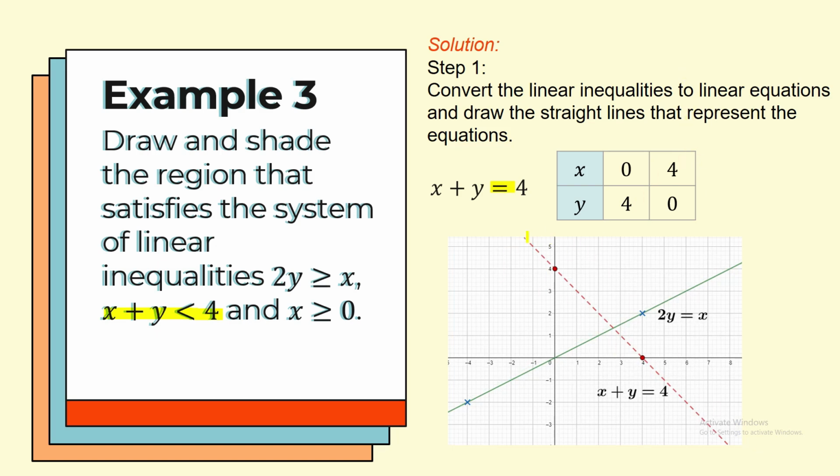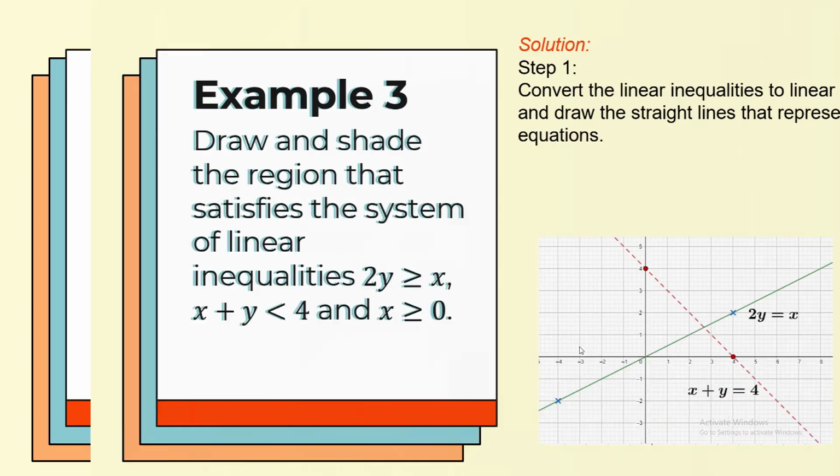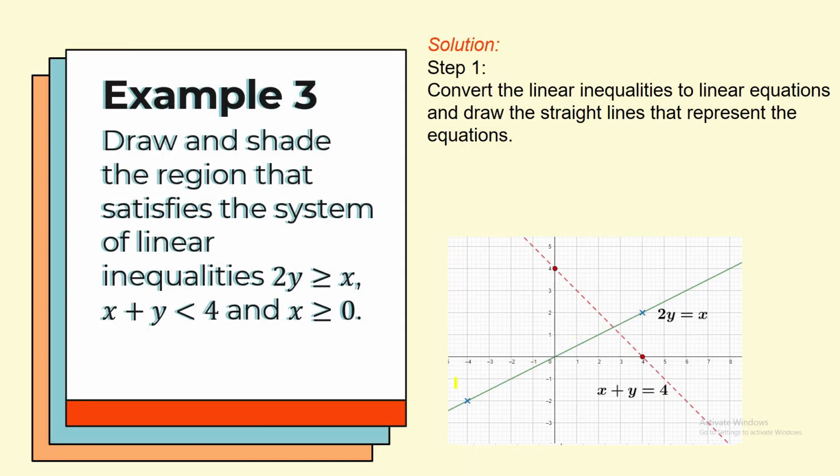And then what type of straight line is it? Is it a dashed line or a solid line? Okay, the second linear inequality is a dashed line. And then the last linear inequality in this system is x higher than or equal to 0. Also, you need to change it into a linear equation by changing the sign.